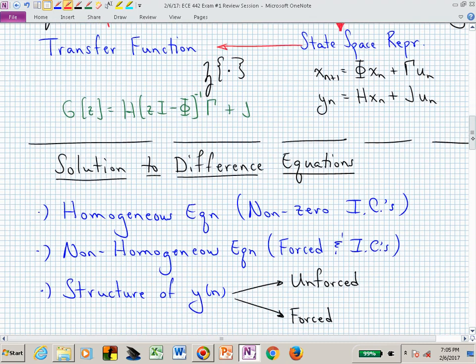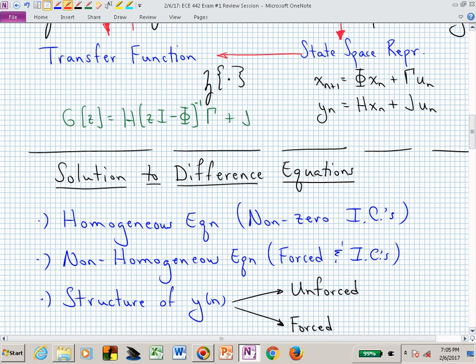Once you have this difference equation, you should be able to find the homogeneous solution. That's y sub capital H, maybe on some previous exams. If you're wondering why I am using this crazy notation, a capital H subscript probably means homogeneous. With a homogeneous equation, you have zero input, no forcing function.